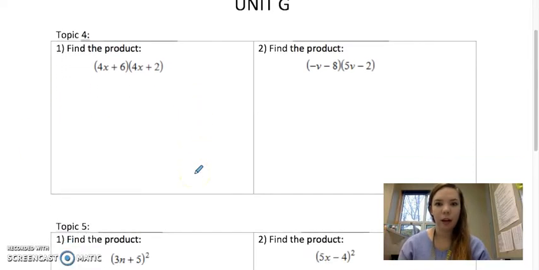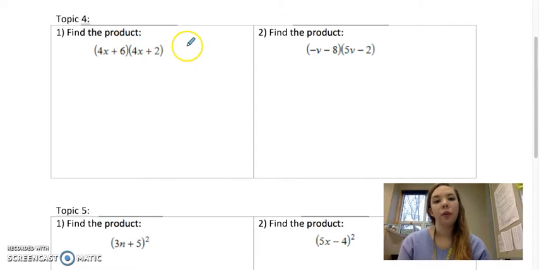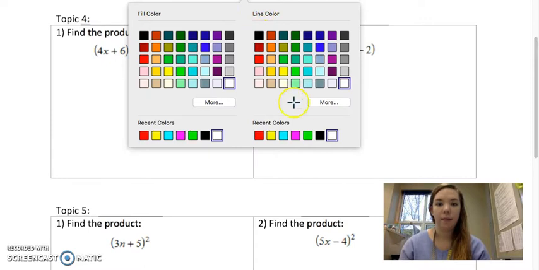Okay, multiplying polynomials. So you might have learned FOIL, which means you multiply the front, you multiply the outside, inside, and last. But a tool we used when we learned to FOIL was called the box method.